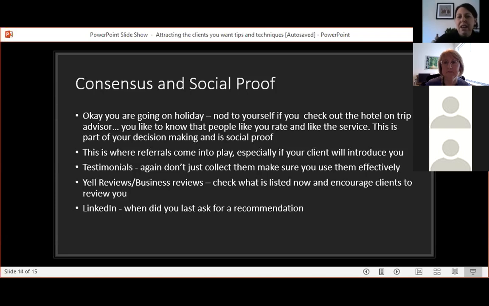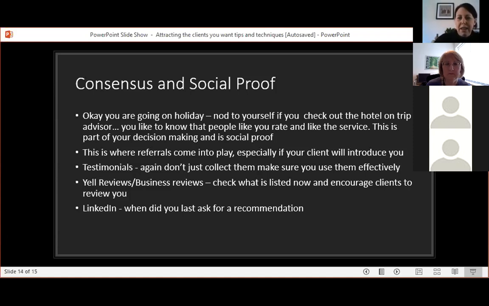They need that conscientious and social proof. They also need it to prove that the decisions they're making are the right decisions. They need that confidence in it. So this is why things like referrals are so important, because they help people go, that person's like me, they help that person, that's how they can help me. And again, it's the same with referrals.